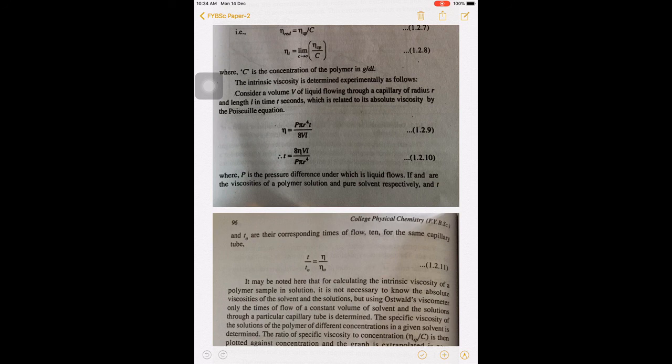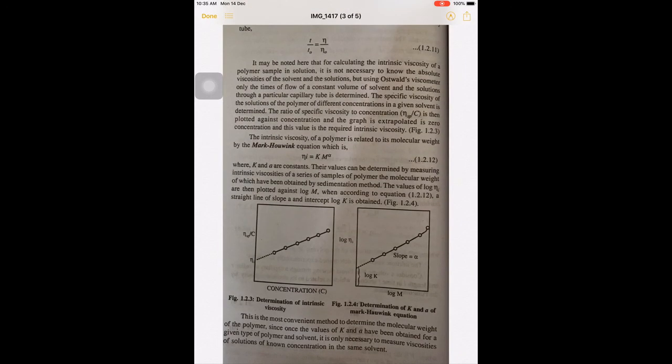This equation comes from the equation T is equal to 8 eta V into L divided by P pi r raised to 4. So this is for the polymer solution, and for the solvent we can write T0 is equal to 8 eta 0 V into L divided by P pi r raised to 4.